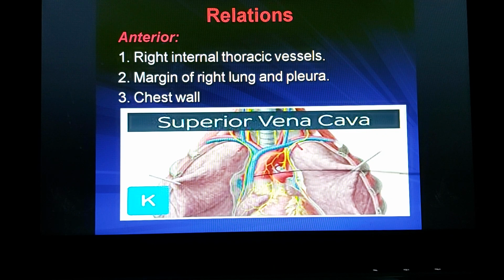Anteriorly it is related to the right internal thoracic vessels, the margin of the right lung and pleura, and also the chest wall. That is about the anterior relations of the superior vena cava.